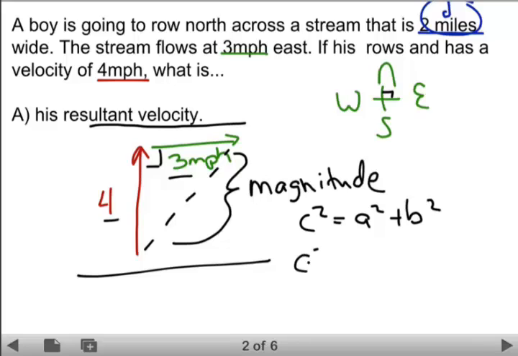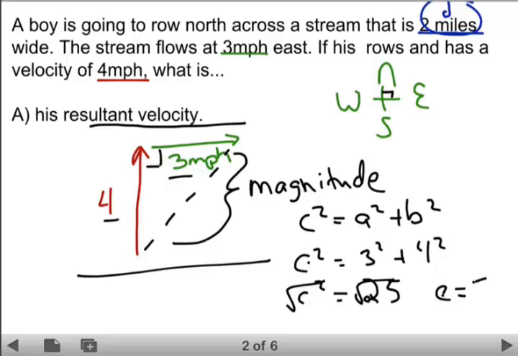So c squared is equal to 3 squared plus 4 squared, and so c squared will equal 25. Then to clear that up, I just take the square root. So c equals 5, and that's in miles per hour. So I have 5 miles per hour as my resultant velocity magnitude.